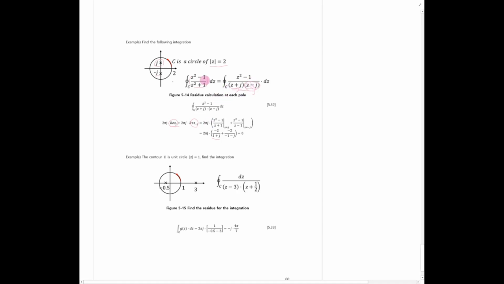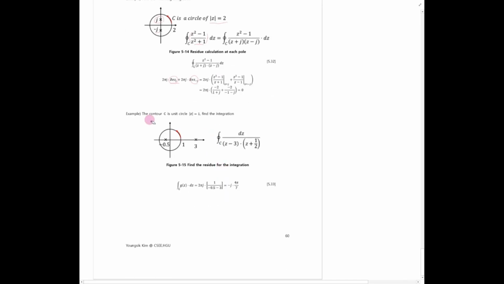It can be found by multiplying these terms, which cancel out, and g minus j remains. Here we replace j with minus j. That's this residue value. It will give minus 1 minus j, and minus j squared is minus 1, so the denominator is minus 2. By summing up, it's 0. So the integration of this one equals 0.